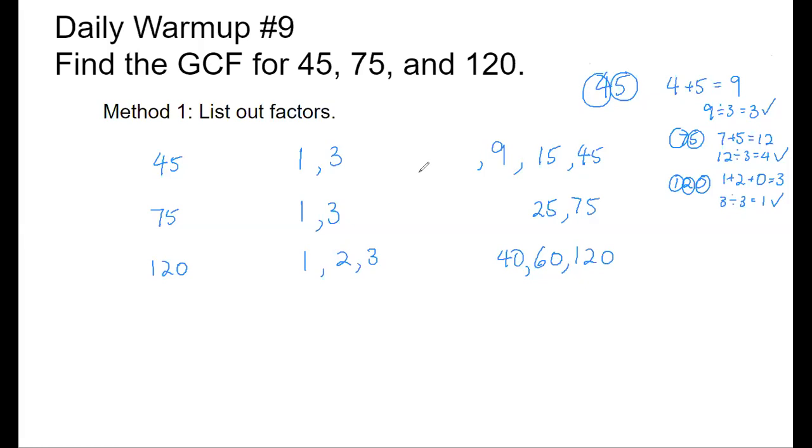All right, so I kind of went out of order. 45 divided by 9, that's going to be 5. Okay. 75, is that divisible by 9? 7 plus 5, that's 12. Is 12 divisible by 9? No. Is 3 divisible by 9? No. So 75, 120, not divisible by 9.